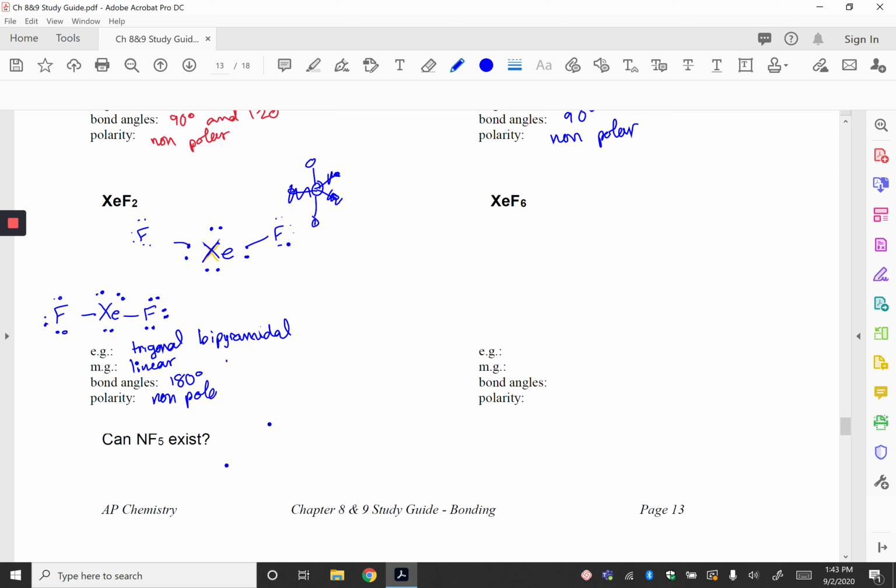This is one of the very few that you will see where it has lone pairs, but it's nonpolar. That's a really tricky one, just because of the placement of the lone pairs and the placement of the bonds, because since it is linear, this cancels with that one because they are 180 apart from each other. So that's a tricky one.